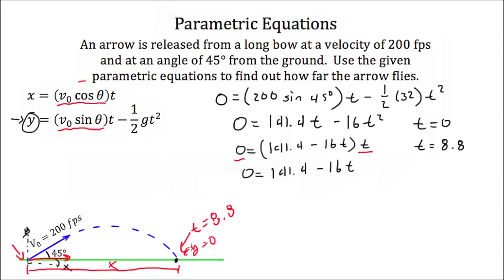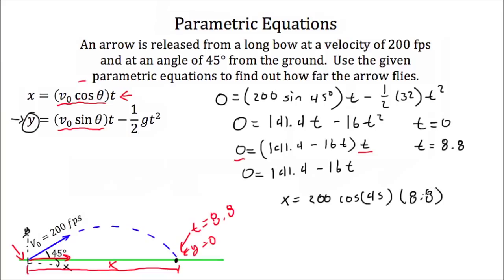So since we want that x coordinate, we're going to take this 8.8 and plug it into our first parametric equation for t. So that means x is equal to v naught, which is 200, times the cosine of theta, so the cosine of 45 degrees, and then it's multiplied by t, but we know that, that's 8.8.